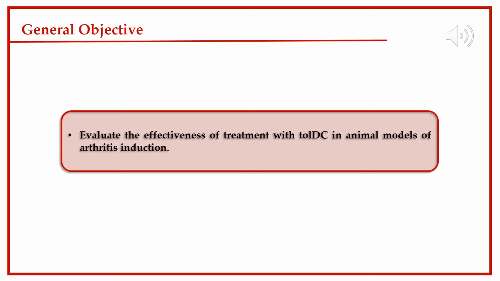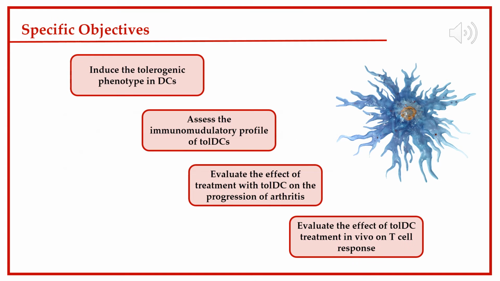The general objective of the consulted works was to evaluate the effectiveness of treatment with TOL-DC in animal models of arthritis induction. We've gathered here the main specific objectives pursued by the lines of research that evaluate the action of tolerogenic dendritic cells in the treatment of arthritis.